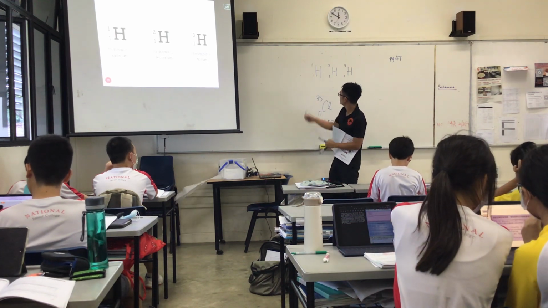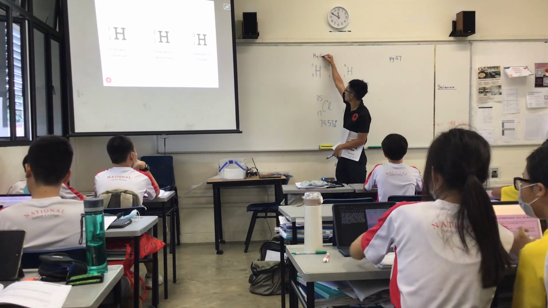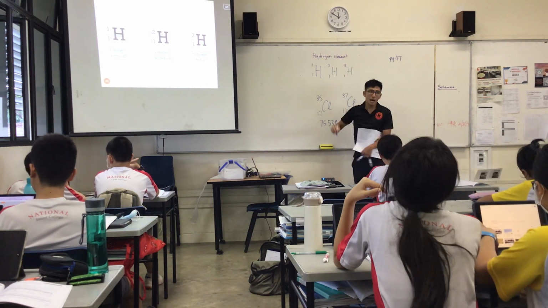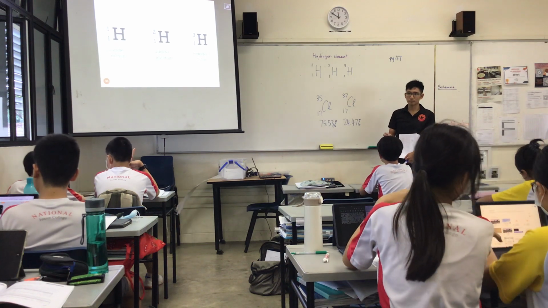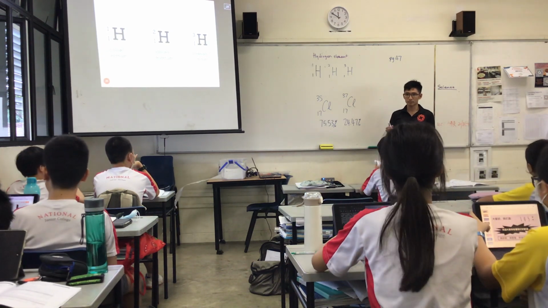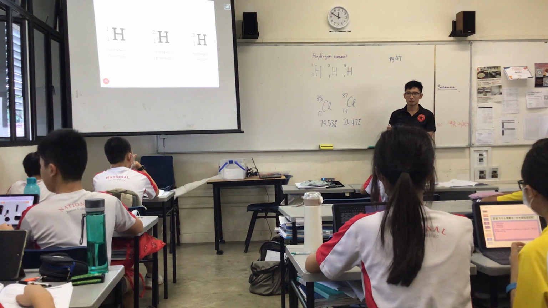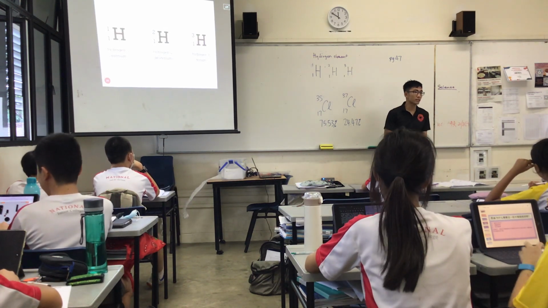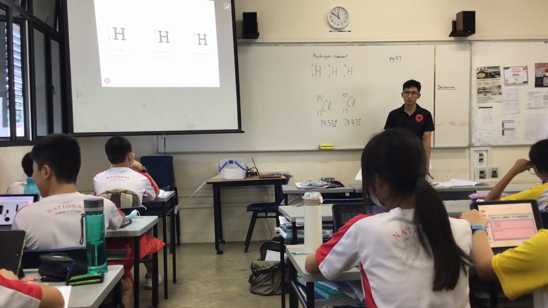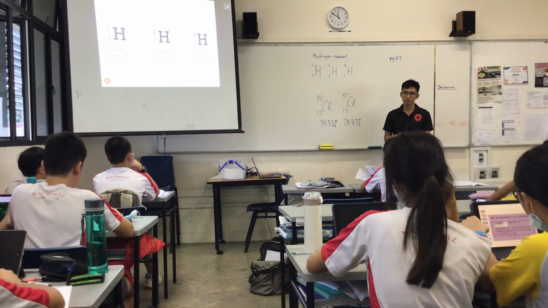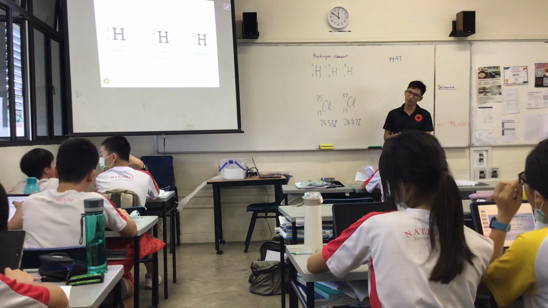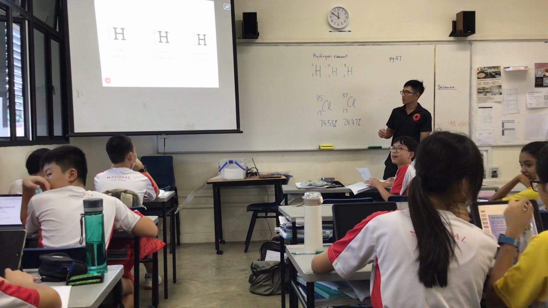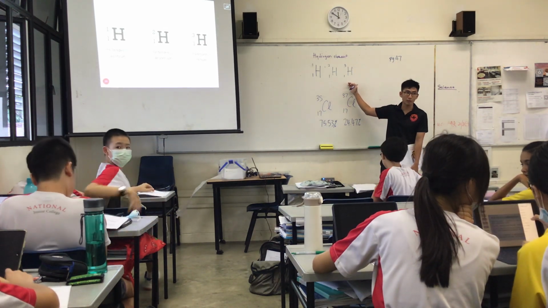For example, if you look at the element hydrogen, actually there are 3 types of hydrogen that exist on Earth.